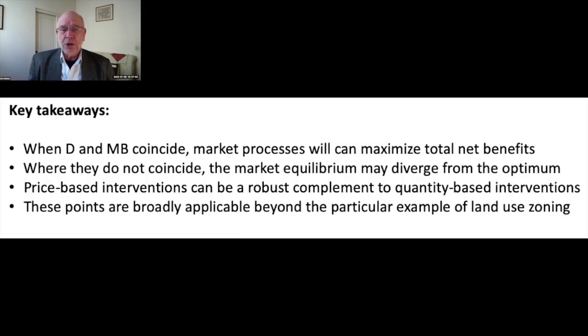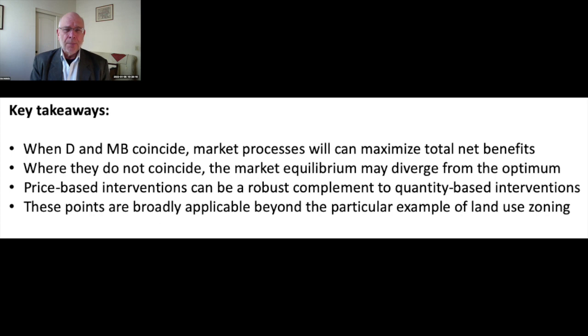When demand and marginal benefit curves coincide, market equilibrium maximizes total net benefits, and that's a wonderful thing. So we love it when markets don't fail, because then they'll do a lot of the work for us that would be very difficult for us to solve on our own.